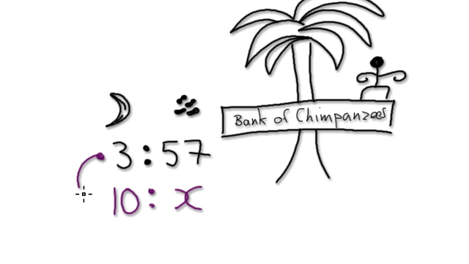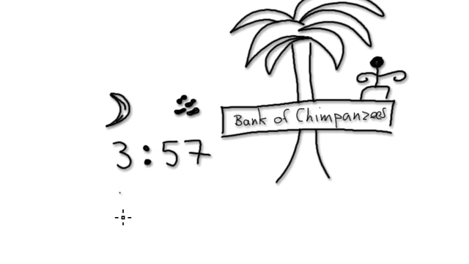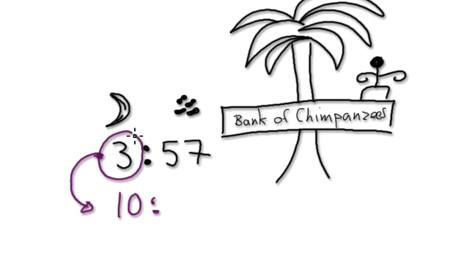You want to start here and then jump to the X. You need to work out this multiplier here. You would start at a 3. This is your start. This is your destination.